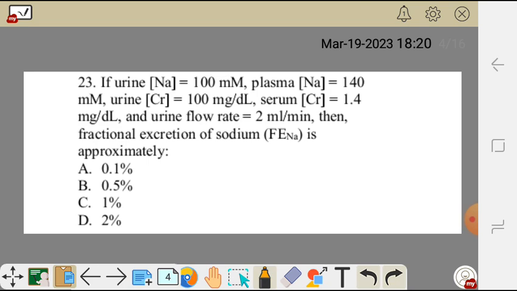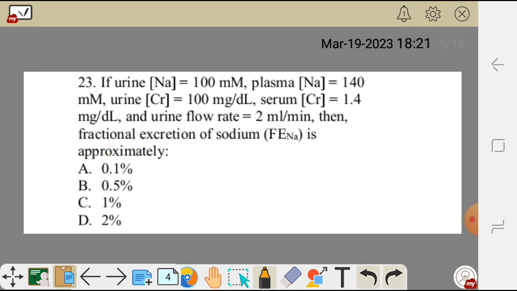To find the fractional excretion of sodium, we first need to find its clearance. We calculate the clearance of sodium and then the clearance of creatinine. Then we divide the clearance of sodium over the clearance of creatinine and multiply it by 100, then we get a percentage.